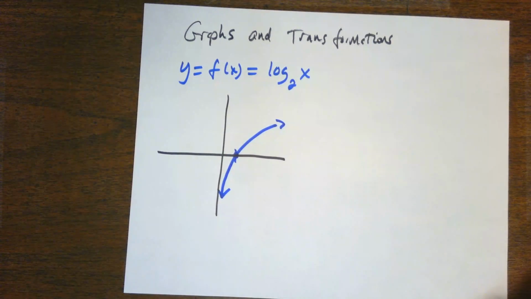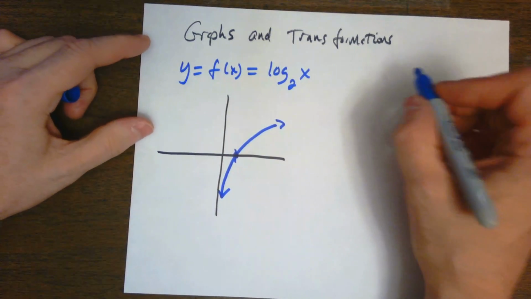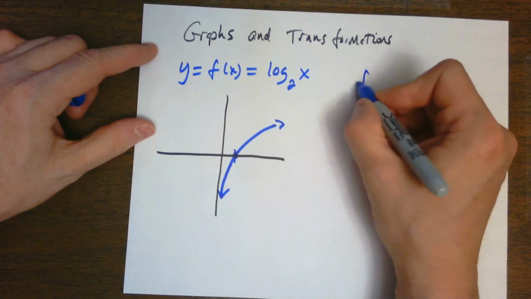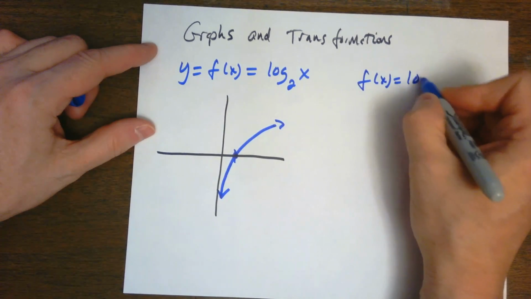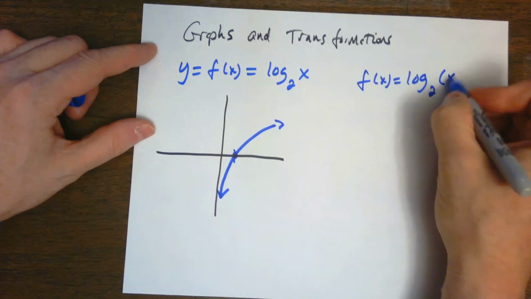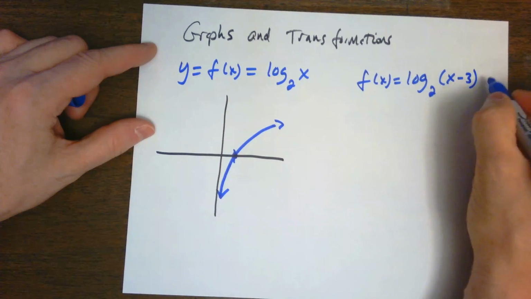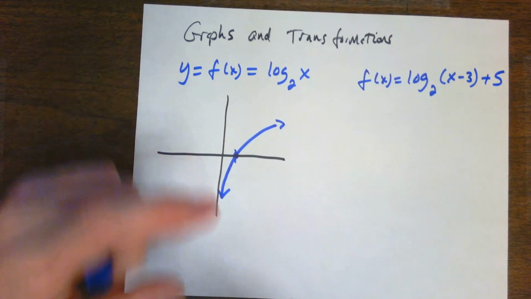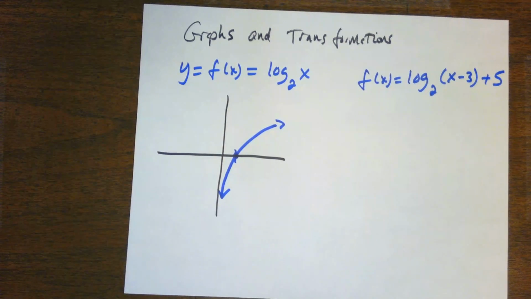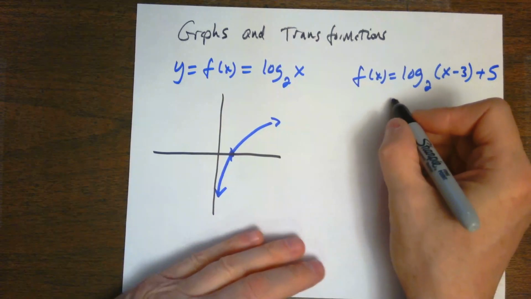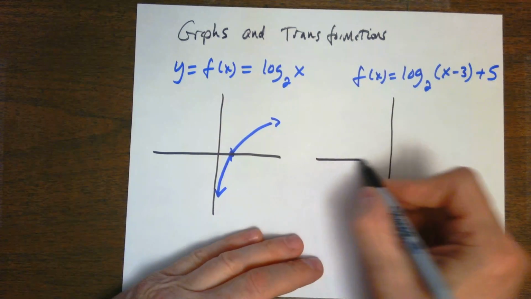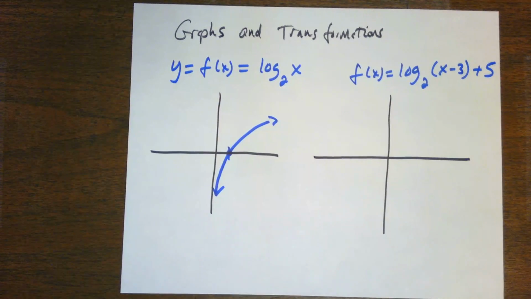Now let's mess with it. Let's do some transformations. Suppose I have f of x equals log base 2 of (x minus 3) plus 5. Remember, the transformations work exactly the same with the quadratics and with the exponentials, even the linears, moving things left and right and up and down.